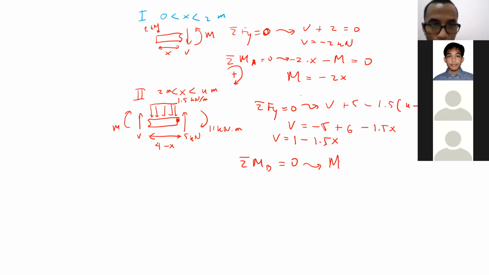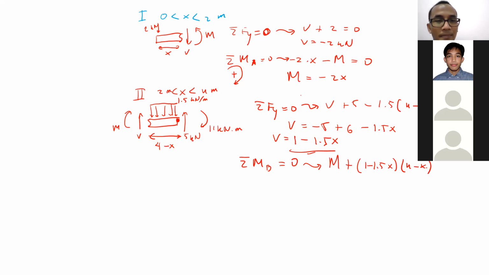Starting with M, clockwise, then what else? V times 4 minus x. But remember our V is this one, so M plus V times 4 minus x. We replace V with 1 minus 1.5x, multiplied by 4 minus x.